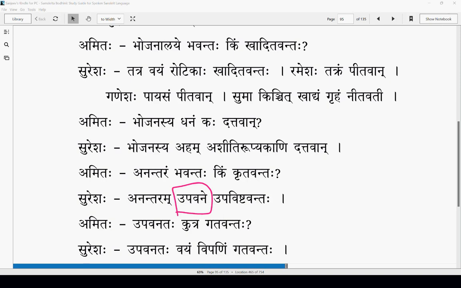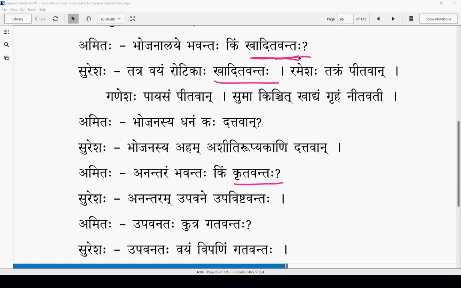What is Upavishtavantah? That is Bahuvachanam. Kritavantaha is Bahuvachanam. Khaditavantaha is also Bahuvachanam. What is the Ekavachanam of Khaditavantaha? Khaditavan. And why is it Bahuvachanam here? Because it is Visheshanam to what?